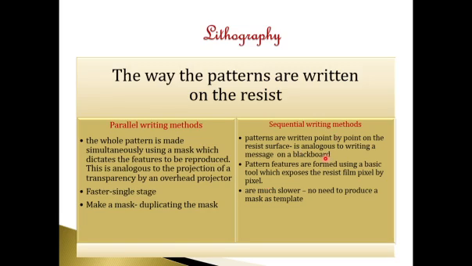So similarly, sequential writing means you are creating the pattern one by one onto each point of the resist layer. And it will be much slower because it requires multiple steps one by one to complete the pattern formation, so it is a slower technique. And there is no need for the mask also, as we are controlling the movement. It just needs to control the movement. You don't require a mask to give a pattern.